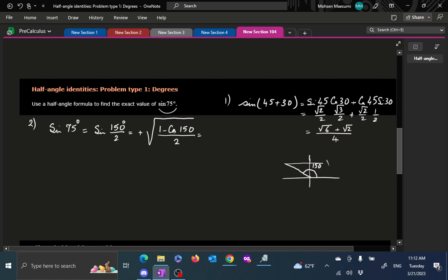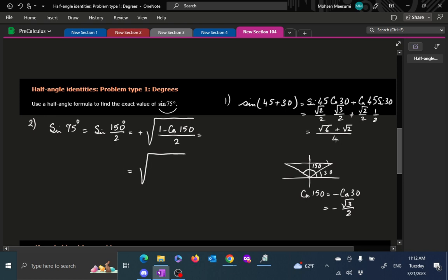I want to do cosine of 150 and see if I remember how does this go. Well, we said cosine of 150 and cosine of 30 by using reflection identities. They are opposite signs of each other. Cosine of 150 is same as minus cosine of 30. So, and that's minus radical 3 over 2. Or look it up in your tables.